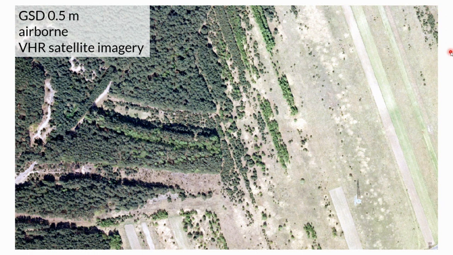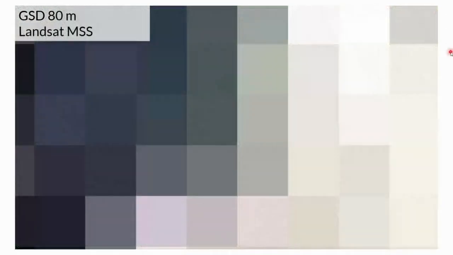If we need to see the shrubs, the people or the rocks, of course, we will need very high resolution images. But if we need, for example, just to know where the forest is, it will be okay to use those low spatial resolution images. So it's not always the best way to look for the highest spatial resolution possible.